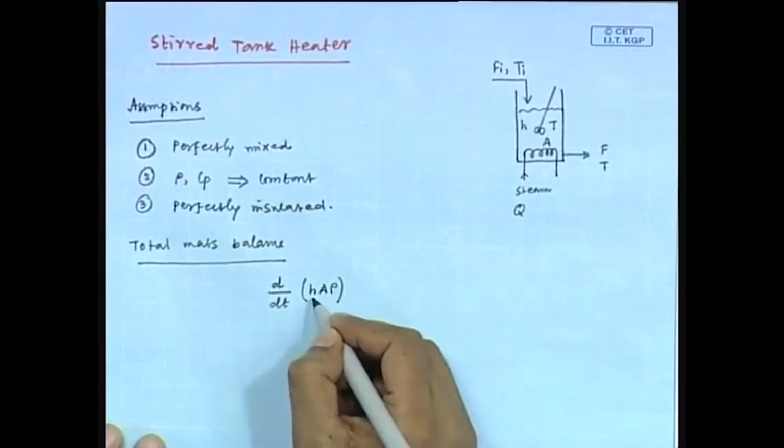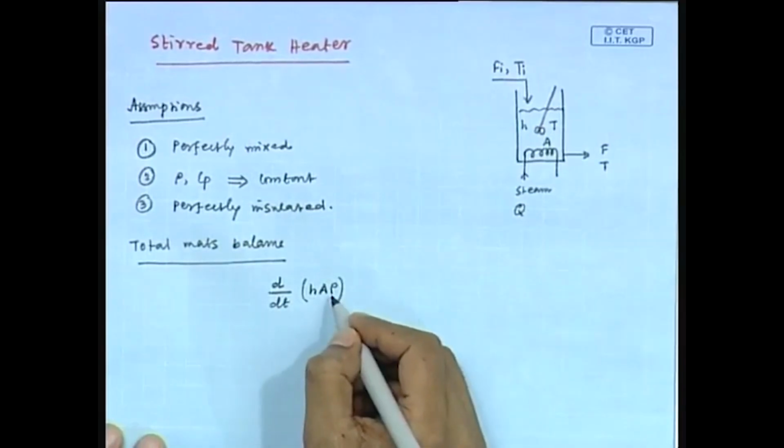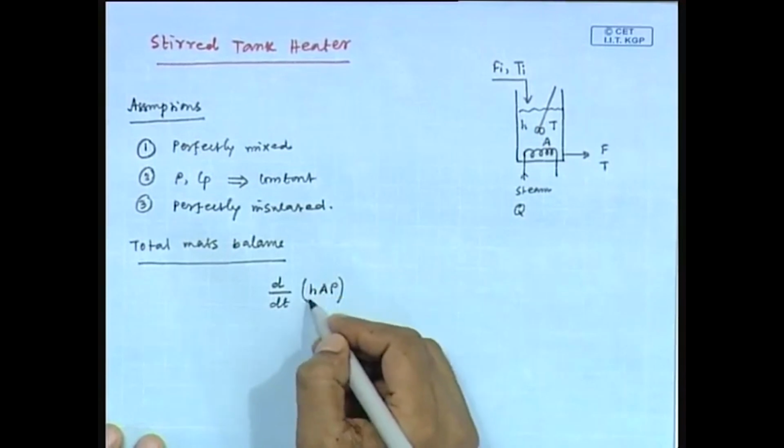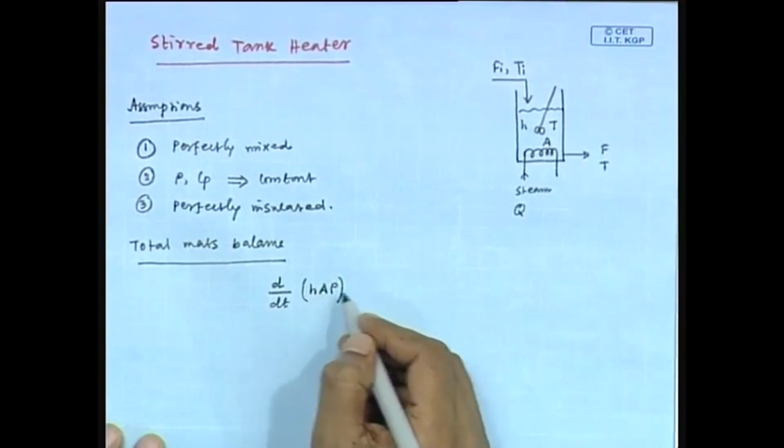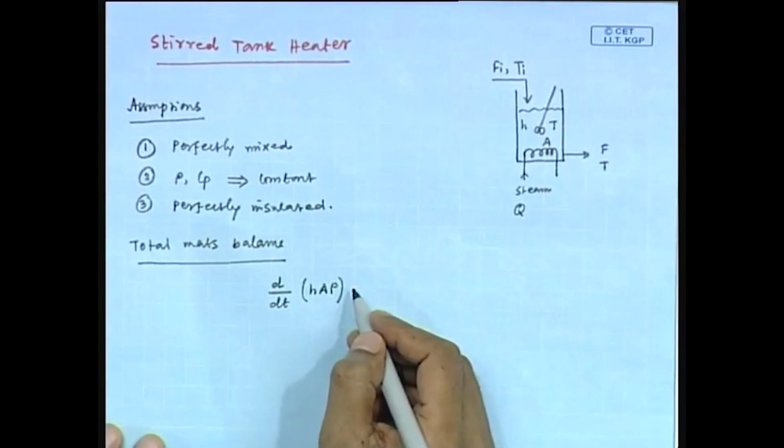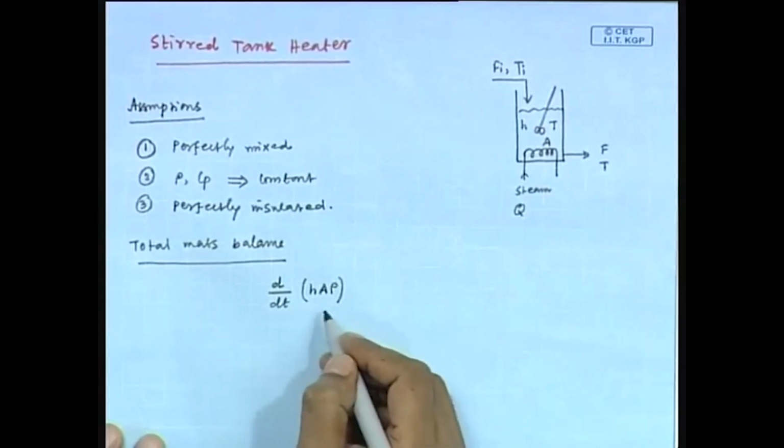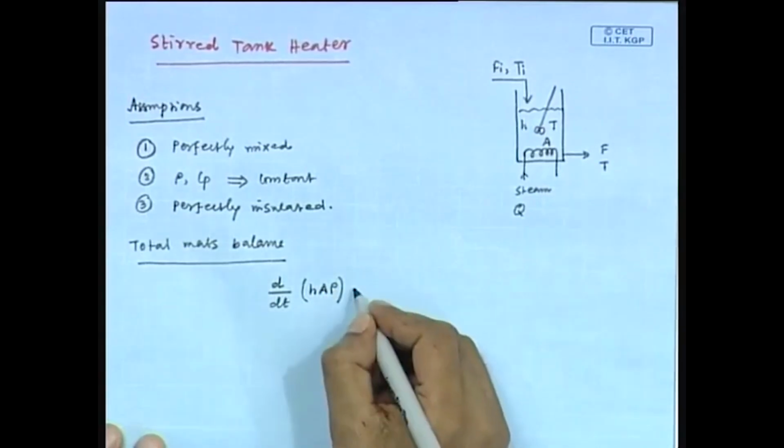H is the liquid height multiplied by the cross-sectional area, this is volume. Now, volume multiplied by density is mass. So, this is the mass rate of accumulation.